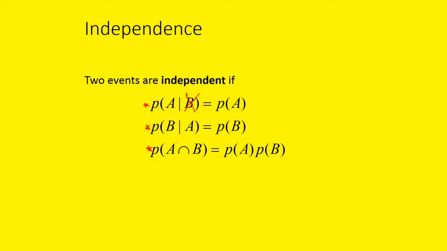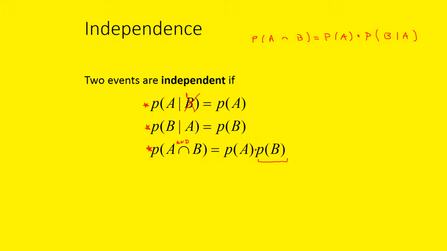Probability of A and B is probability of A times the probability of B. Now, remember what we said before, that in general, probability of A and B is probability of A times probability of B given A. But in this one, there is no given A. It's just the simple probability of B. And so that's true.